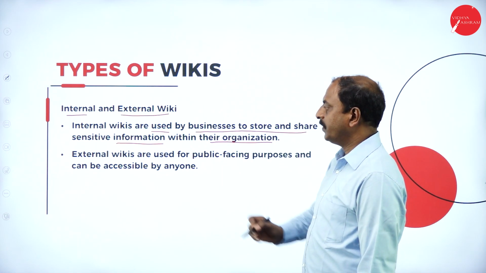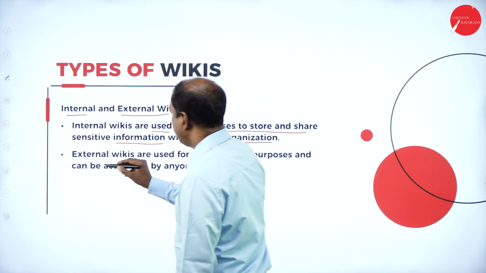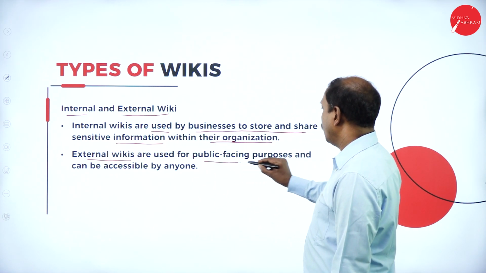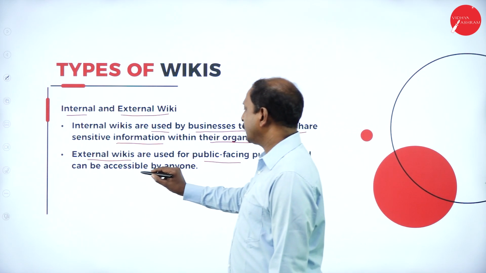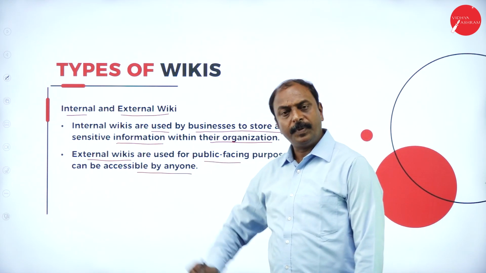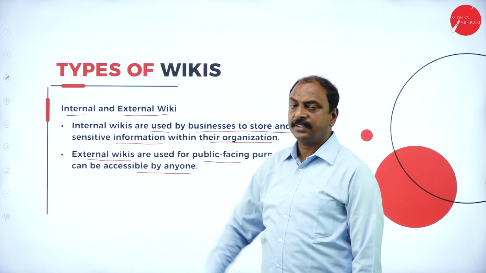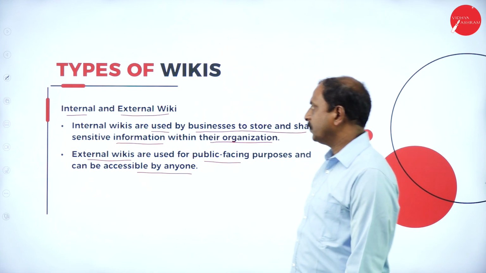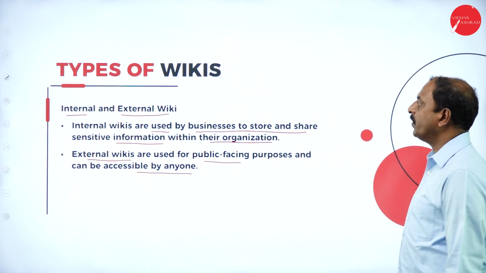That is internal wikis. And what are external wikis? External wikis are used for public facing purposes and can be accessible by anyone. So external is for public use and internal is for inside an organization. These are the two types of wikis.